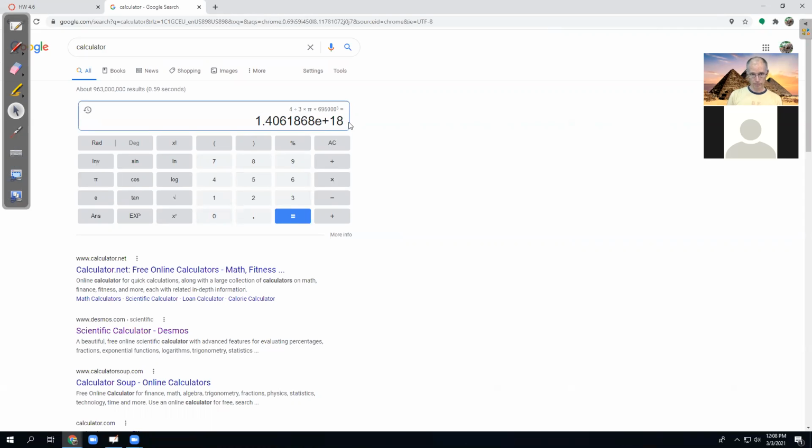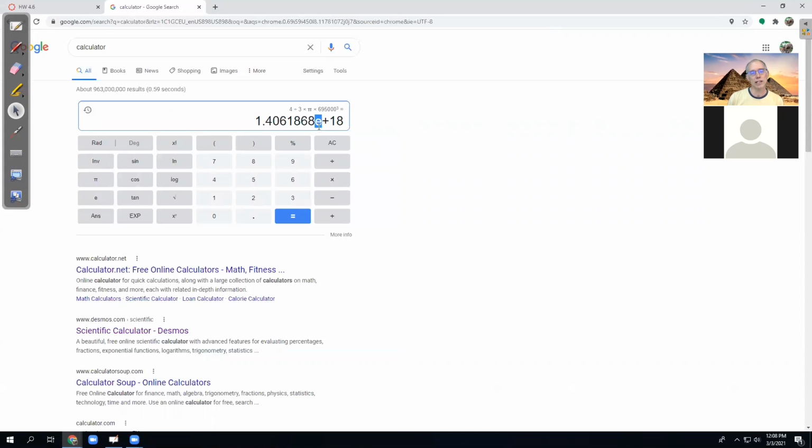I put V equals 4/3 times pi, and then the 695,000 in parentheses raised to the 3rd power. On the calculator, the parentheses are good too, and sometimes I will skip them if I don't think I need them. In this case, you should get the same answer either way.